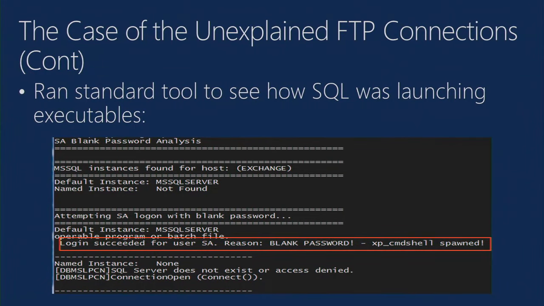They went back to the customer and told them this. What the customer believed had happened is that at some point in the past, an administrator, for some reason, was doing something on that exchange server, installed SQL Server, didn't realize that it was going to be on the open internet, had a blank password, had it with XP command shell, did whatever they were doing, forgot about it, and left it there.